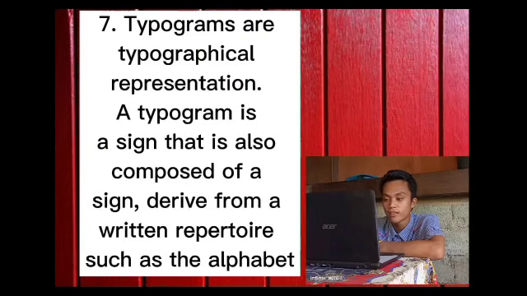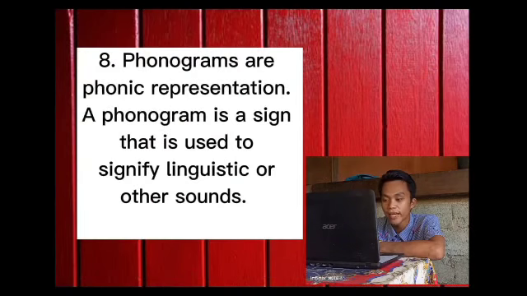Number 7, typograms are topographical representation. A typogram is a sign that is also composed of a sign derived from a written repertoire such as the alphabet. Number 8, phonograms are phonic representation.